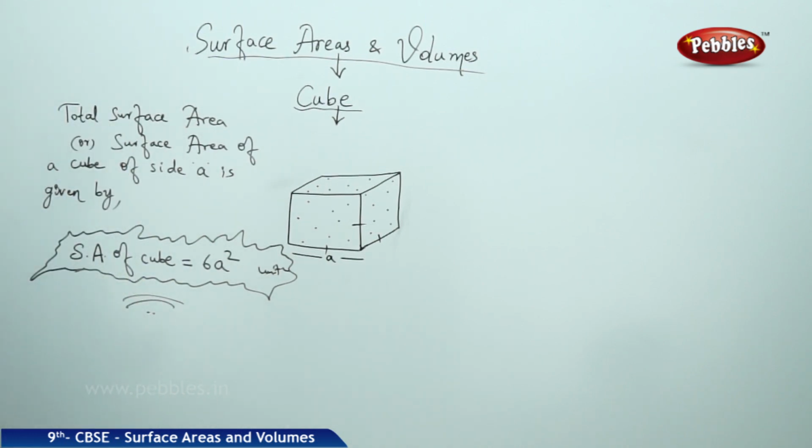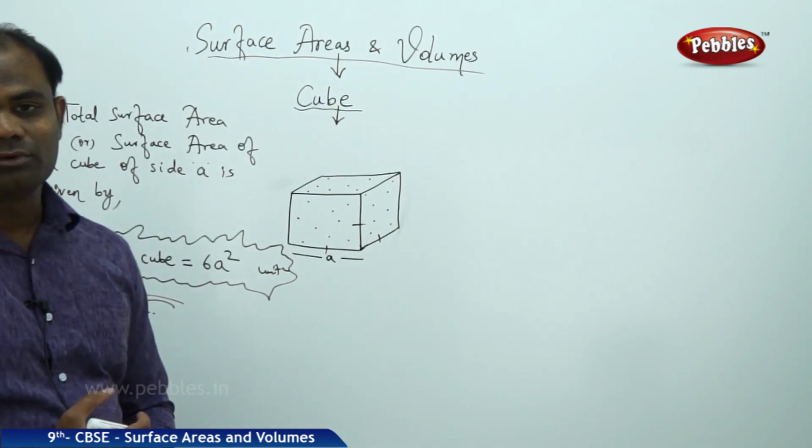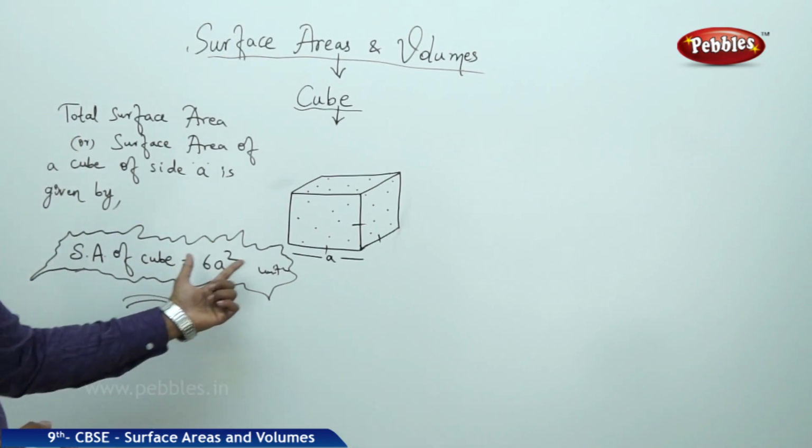That's how we understand surface area of a cube as 6a square unit square.